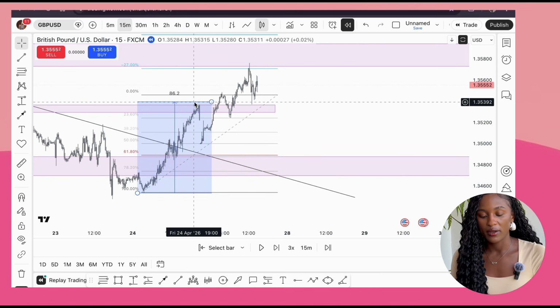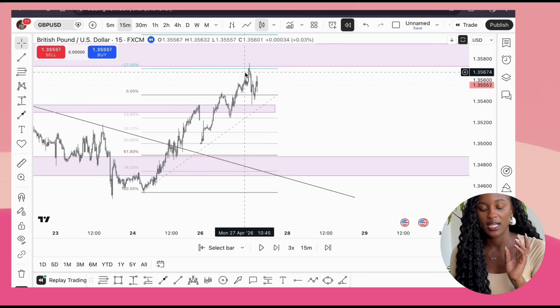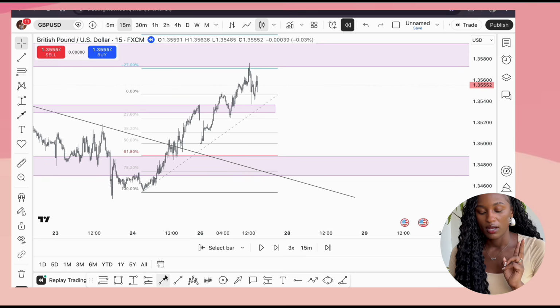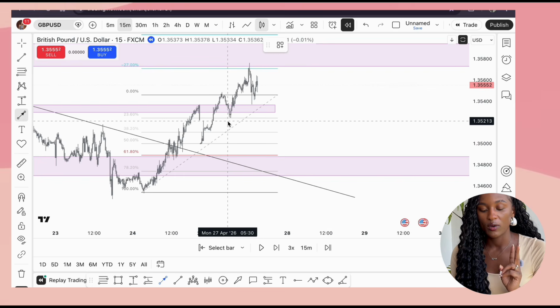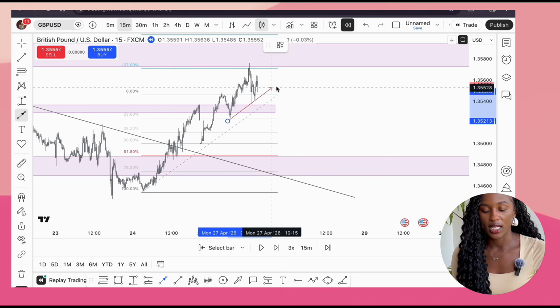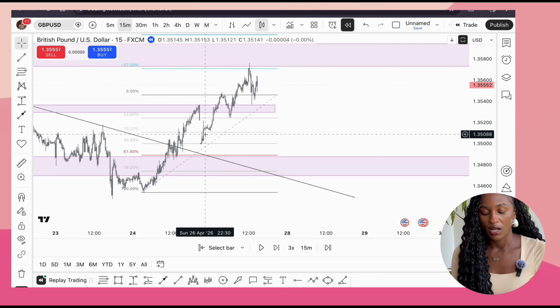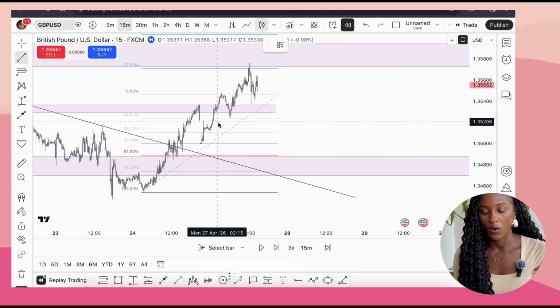So in this scenario, we are seeing price tapping into the negative 27, and now it's also diverging. So I'm going to use my trend lines just to figure out if price breaks this structure, will I enter a sell or not?